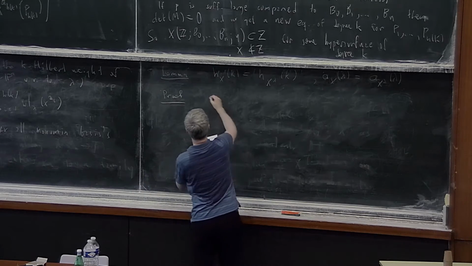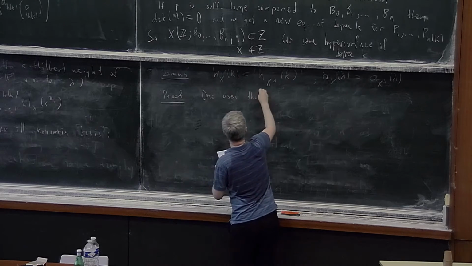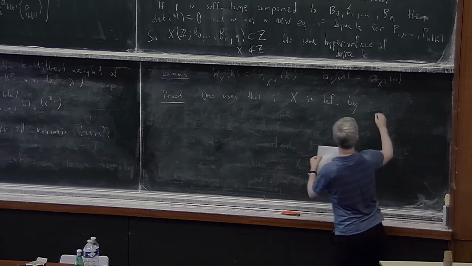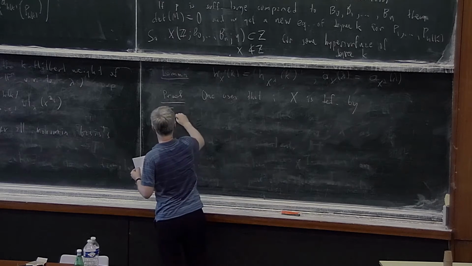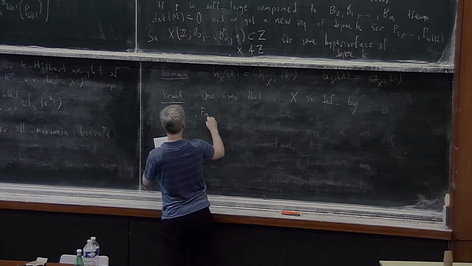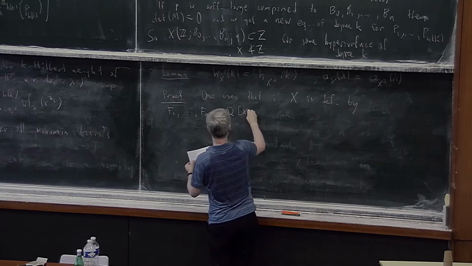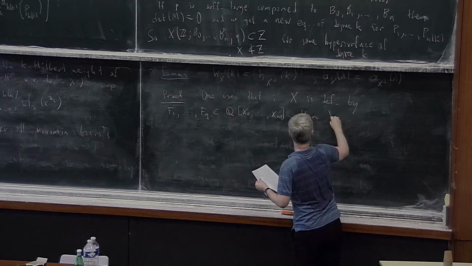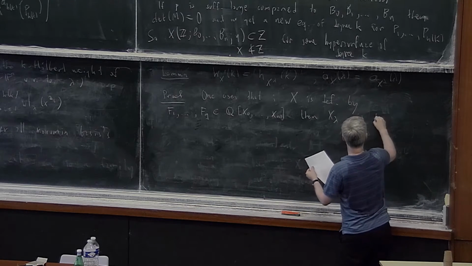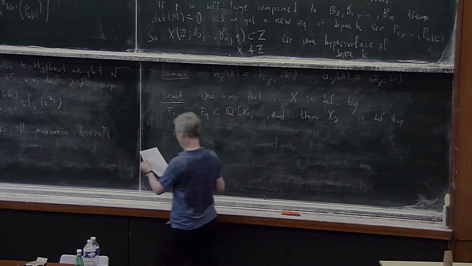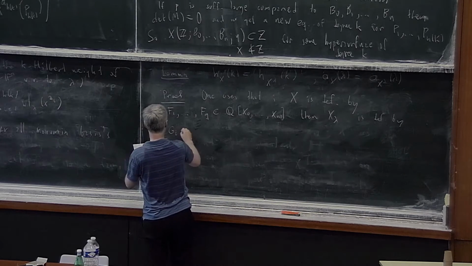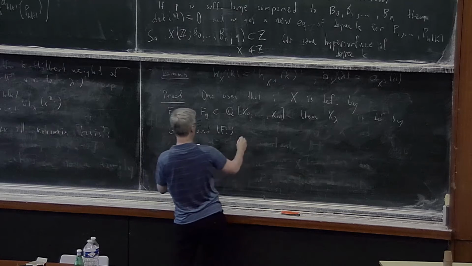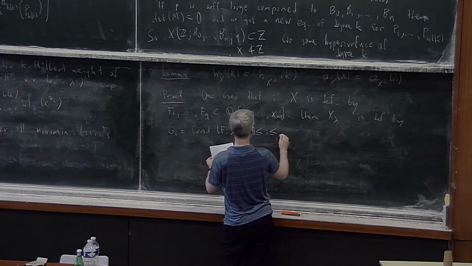So one uses that if X is defined by F_1, up to F_q, so if you have explicit homogeneous polynomials in n+1 coordinates defining X, then this X lambda, this deformed variety, is defined by the same number of polynomials, J_1 up to J_q, where J_i is what I will call the leading term of F_i.